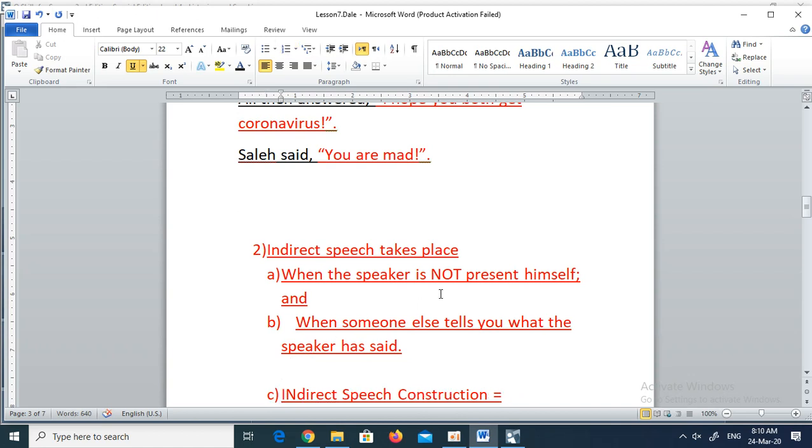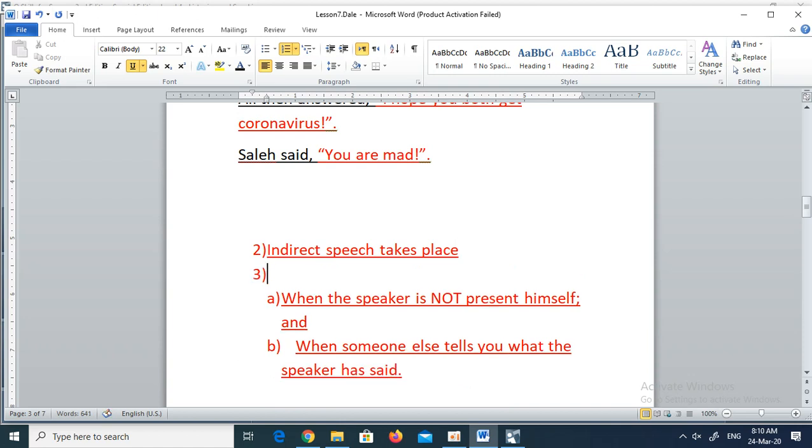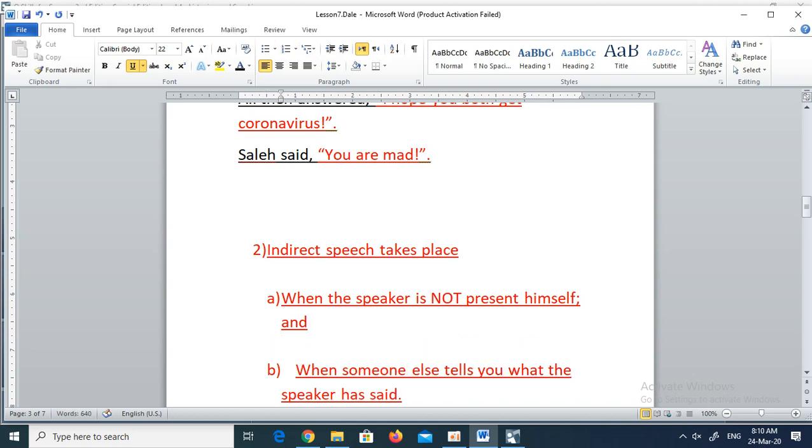So, for us to have an example of indirect speech, Ali will say something to Ahmed, and then Ali will go away, and Ahmed will go away, and Sari will then come to me and say, Ali said to Ahmed that he would hit him. Ahmed said to Ali that he would hit him back. It is when the speakers are not there, but somebody else tells you what the speaker has said.